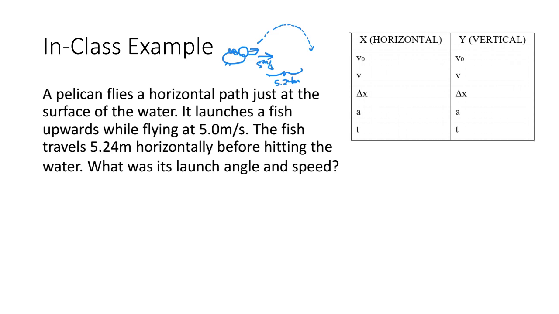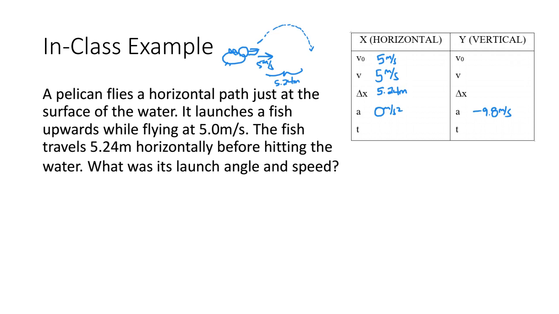I'm going to start out by filling in everything I know about the problem. We know the acceleration is 0 and negative 9.8. We know that the pelican is flying along at a speed of 5 horizontally, which means the fish will continue at a speed of 5 horizontally, and that it travels a total horizontal distance of 5.24 meters.